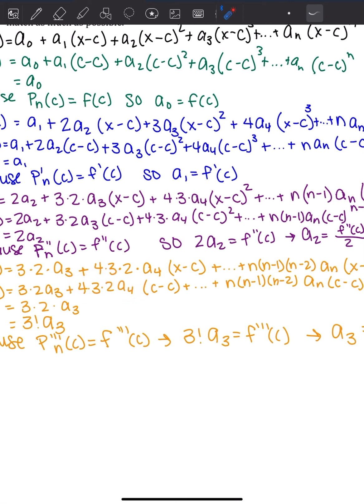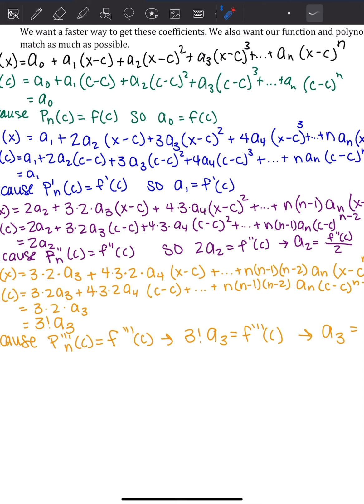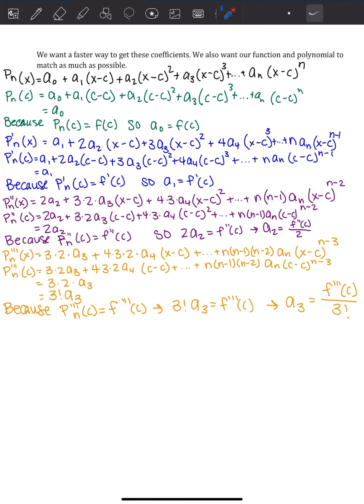So we have 4 factorial times a sub 4. So we're going to have something like the fourth derivative at our point c divided by 4 factorial is equal to our coefficient. So this is going to be something that we use because we're going to be seeing this pattern.